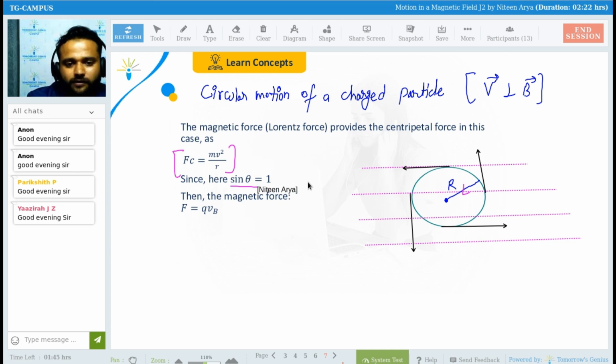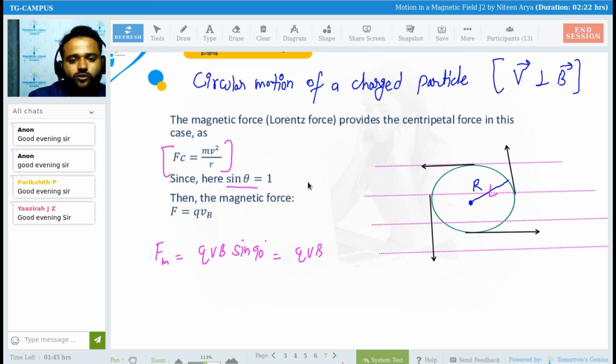And here sin theta is 1, so obviously the magnetic force, which is q v B sin 90 degrees, is going to be qvB. Is this clear, everyone? Two types of force apply on the same thing, which is a charged particle.